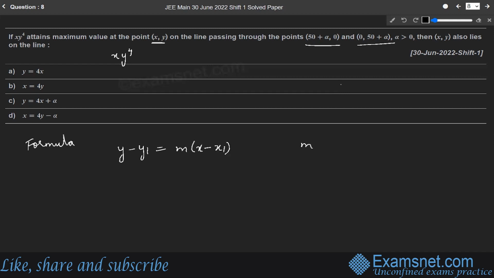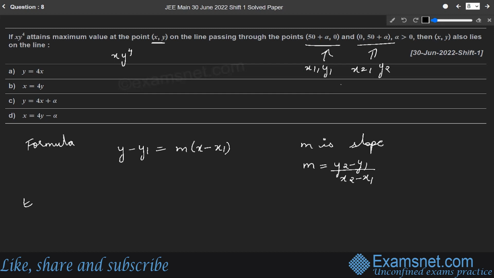What is m here? m is the slope, and the formula to calculate slope is y2 minus y1 divided by x2 minus x1. This is the basic formula that we have to use here. Now coming to the solution. Here we have two different points, right? So let this point be x1 comma y1 and let this point be x2 comma y2.